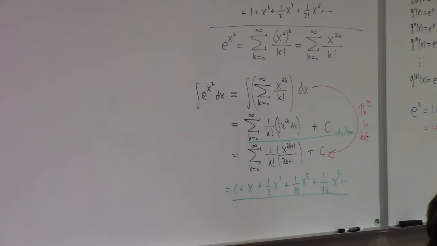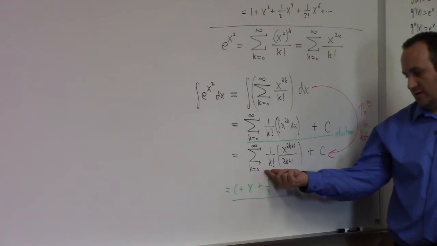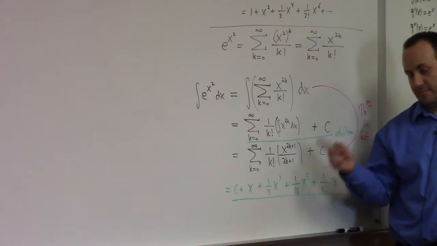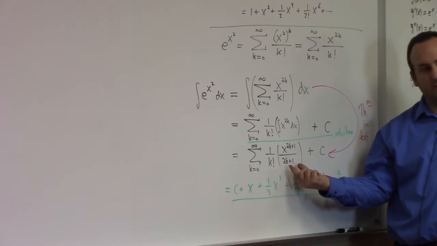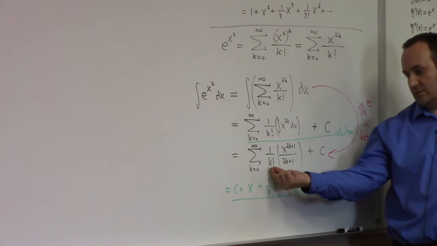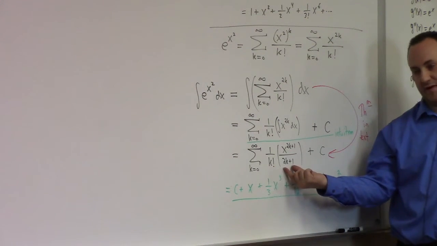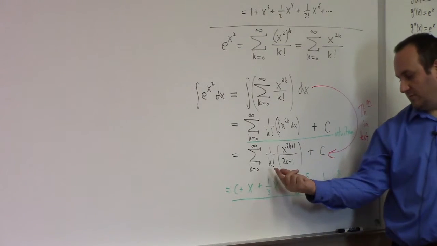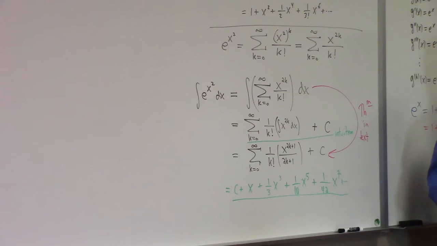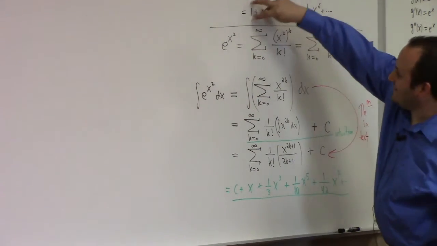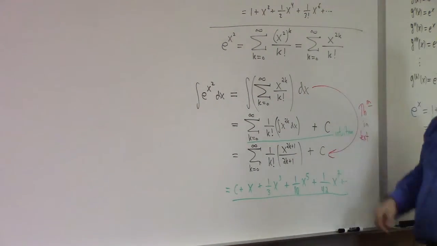If you plug in k equals 0, let's see, what happens with k equals 0? 1 times 1, 1. k equals 1: 1 times 2 times 1 plus 1, 3. k equals 2: 2 times 5, 10. k equals 3: 6 times 7, 42, and so forth, yeah. Which again is exactly the same thing as you get from just integrating this, then this, then this, then this, and so forth.